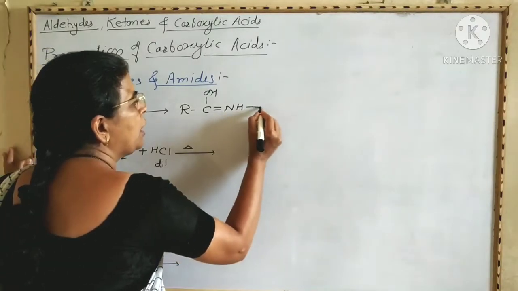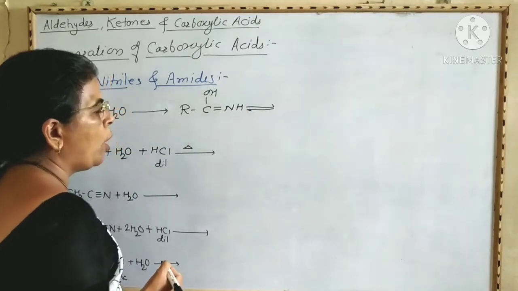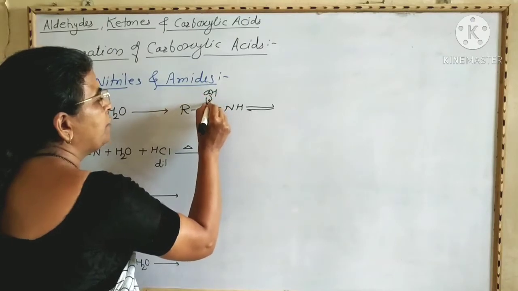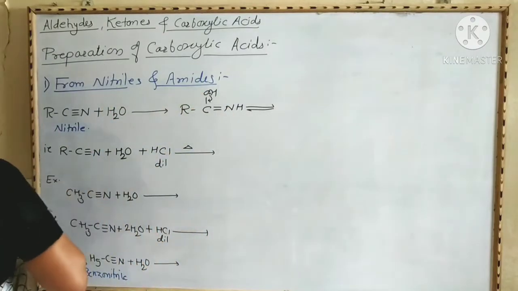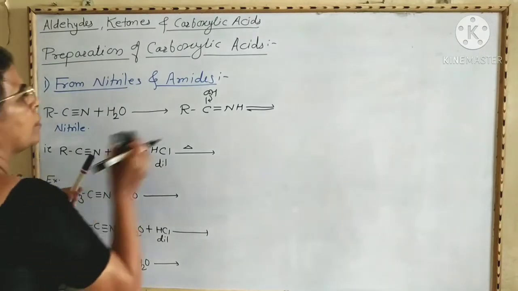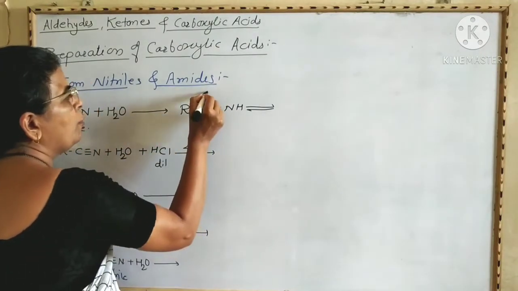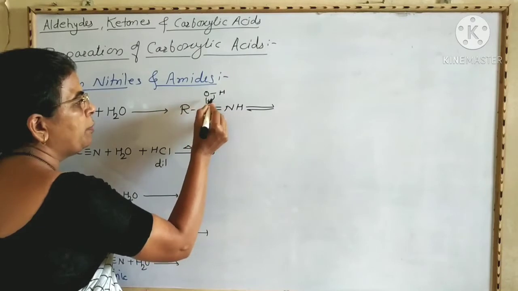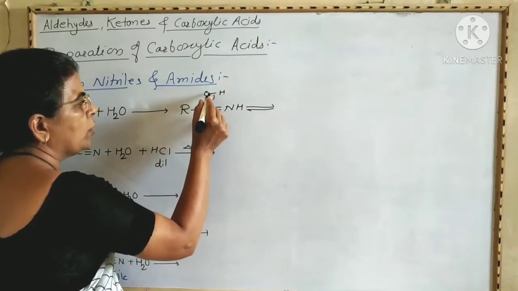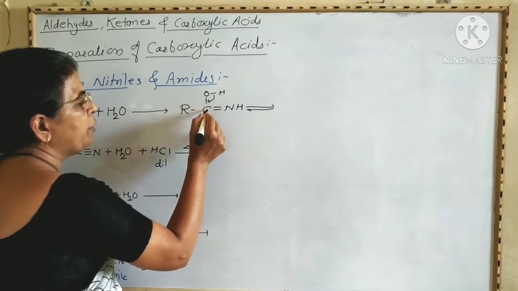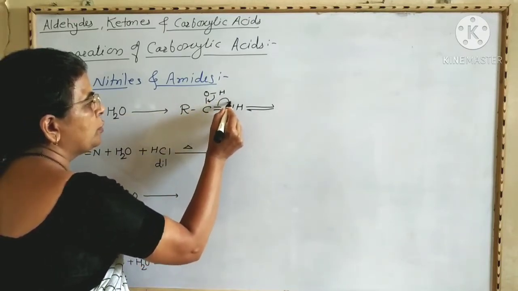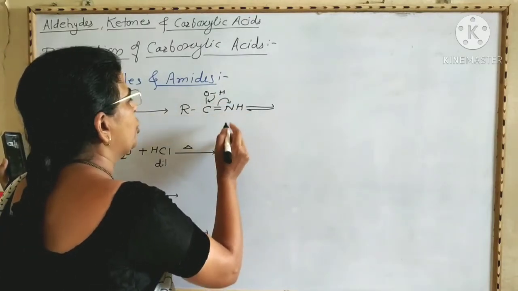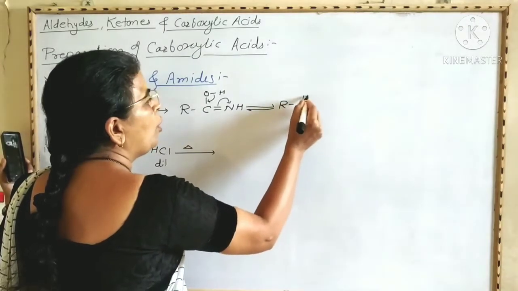Now this undergoes tautomerism or rearrangement. Here the O-H bond breaks and this H plus ion is removed, the electrons shift in between carbon and oxygen atom, and then the double bond shifts onto the nitrogen atom, and this hydrogen atom gets attached to the nitrogen to form RC double bond O NH2.